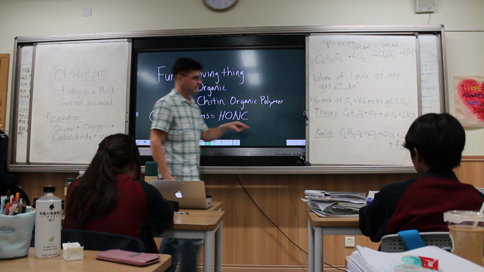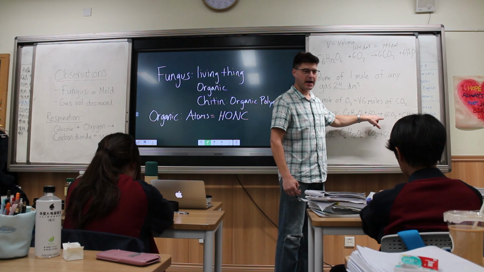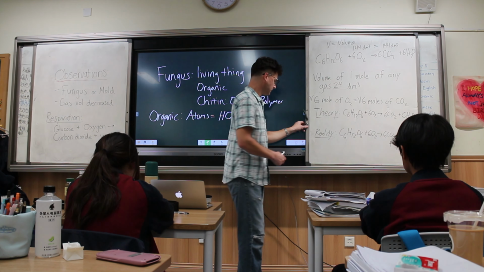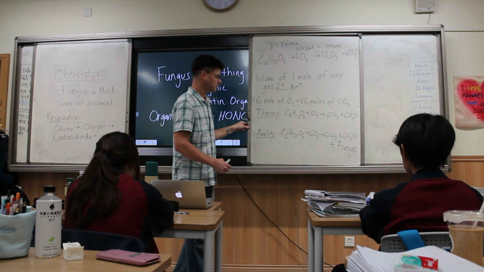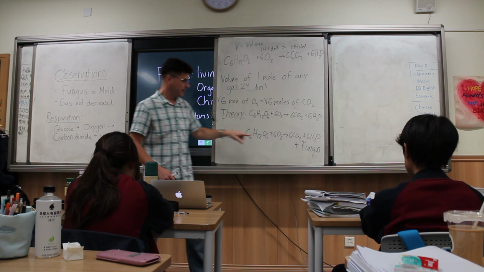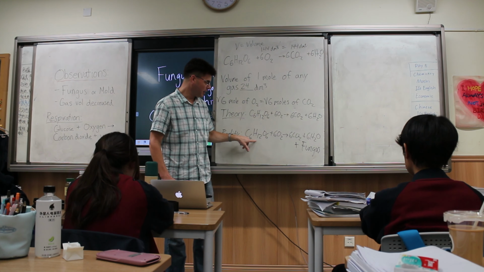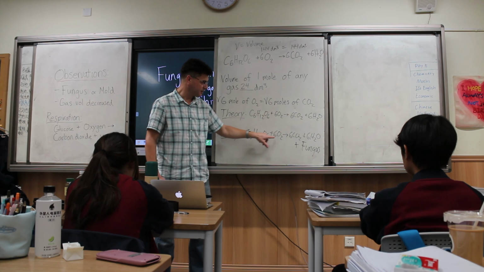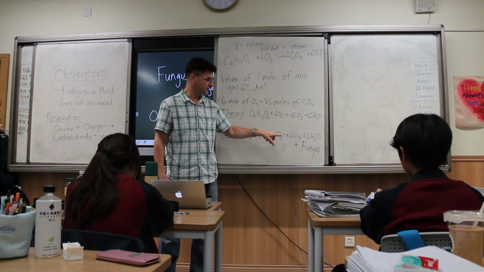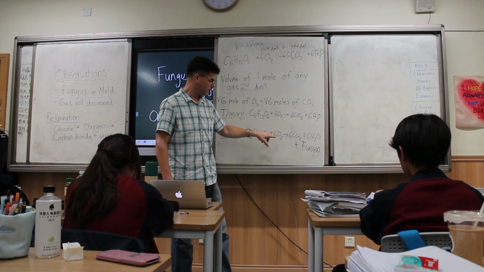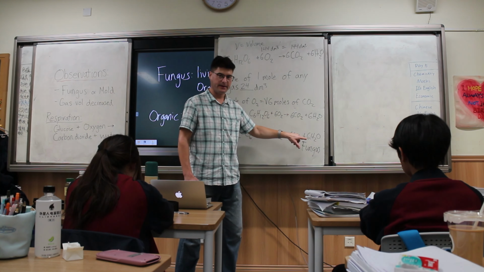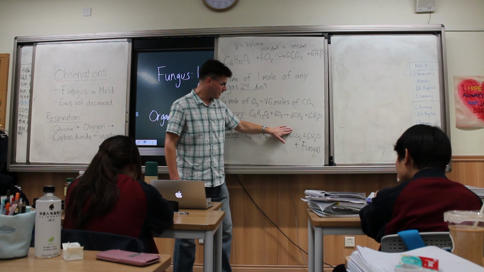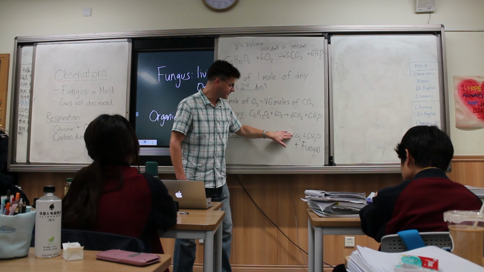So where did those atoms come from? They came from glucose and oxygen. Carbon, hydrogen, oxygen. There also might be nitrogen in there, but we're just looking at CO2 right now. So some of those carbon atoms are not going to be turned into CO2.